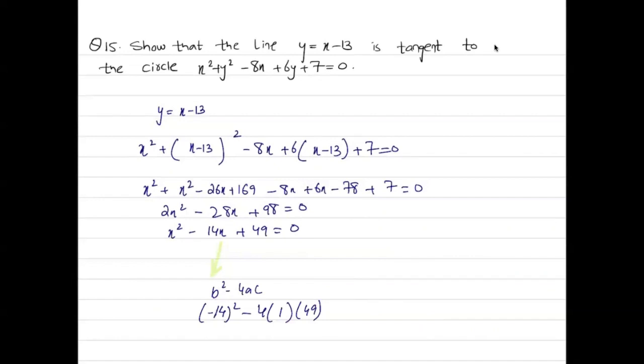Now, if the value of b squared minus 4ac is 0, then what can we say? That the line is tangent to the circle, or to the curve, any curve. Okay? Okay, sir. All right.